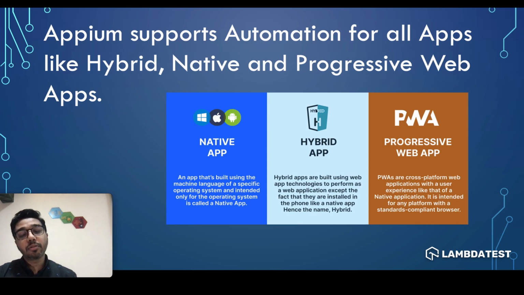There is also a saying that the future is mostly related to progressive web apps, but let's see how this progresses in future. But our main topic is Appium, and Appium supports all these three kinds of applications: your native applications, hybrid applications, progressive web applications. As a tester you don't have to deep dive into it much, because you will get your respective IPA or APK for testing, and you will just use it for your automation.